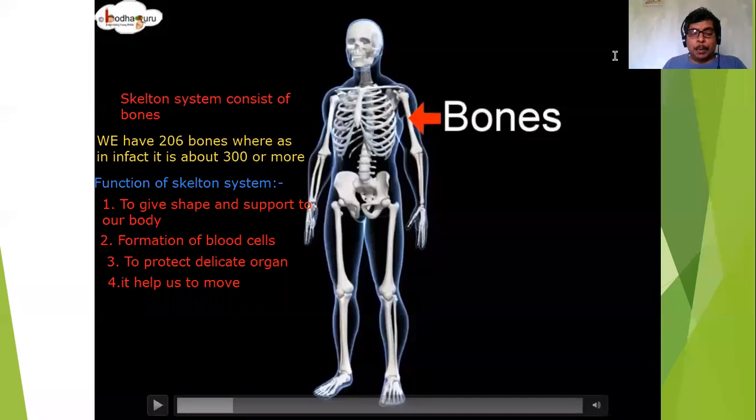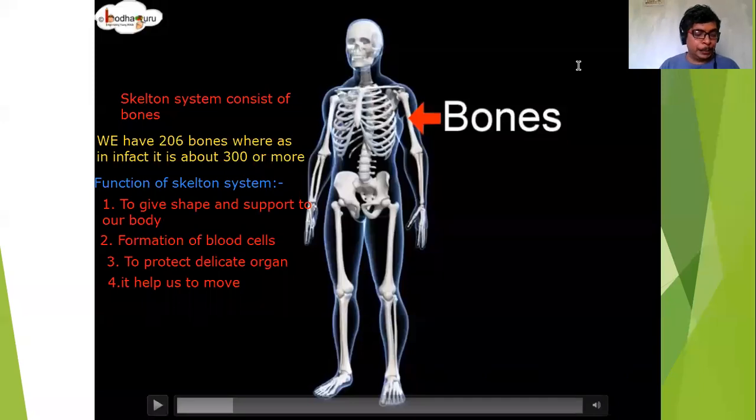I hope as a child is born, when a child is born, there are 300 bones in the body. As the child develops, grows, matures, two bones fuse together and form one bone. The fusing of bones goes up as the child develops.